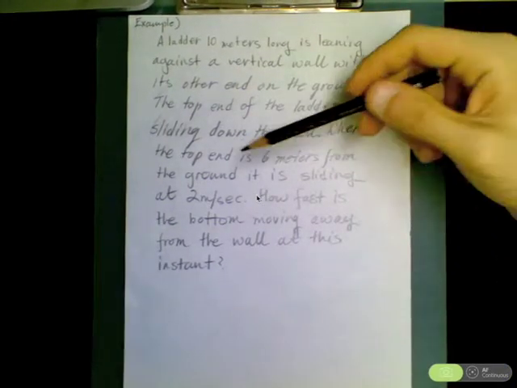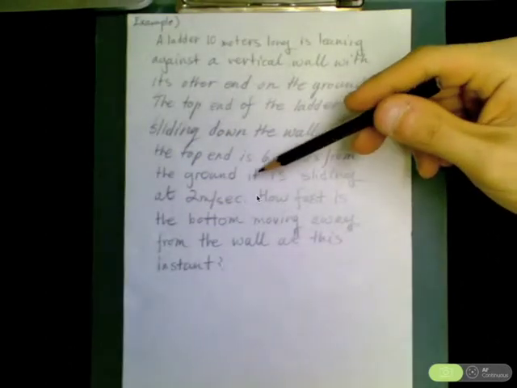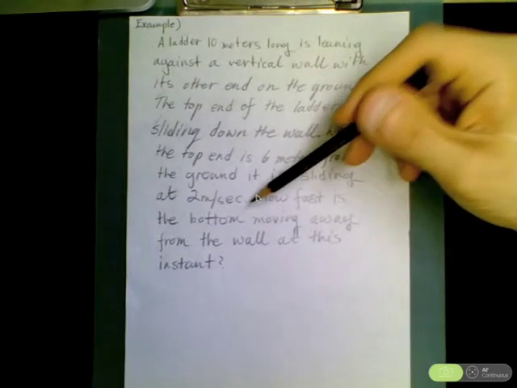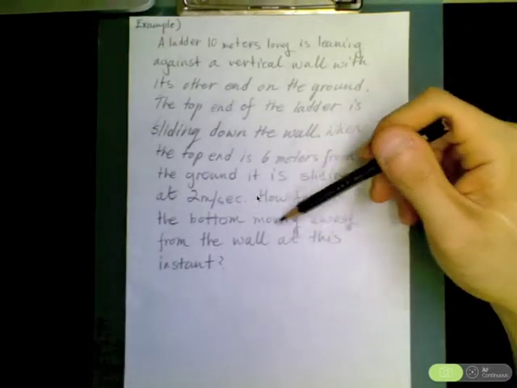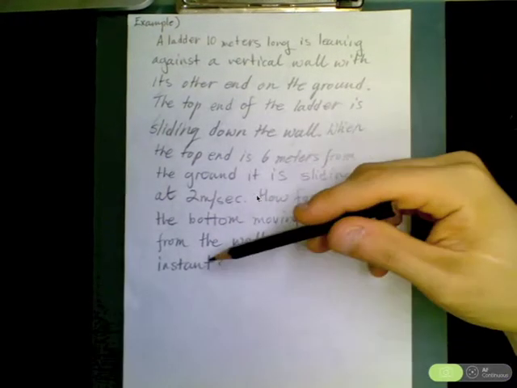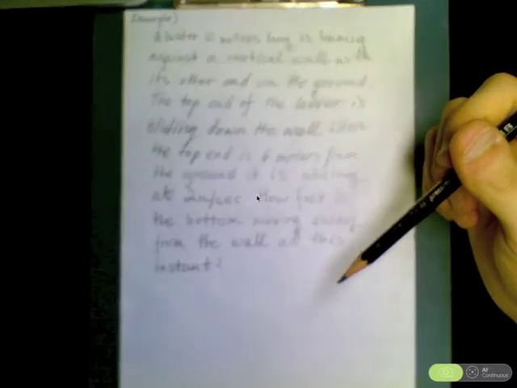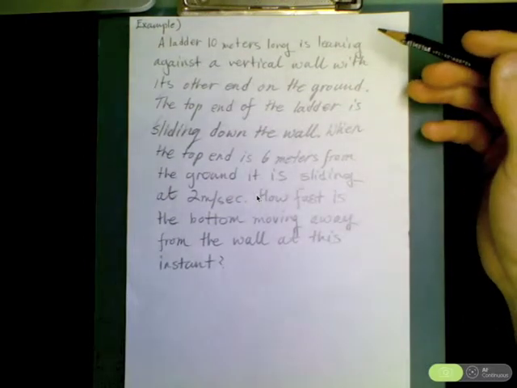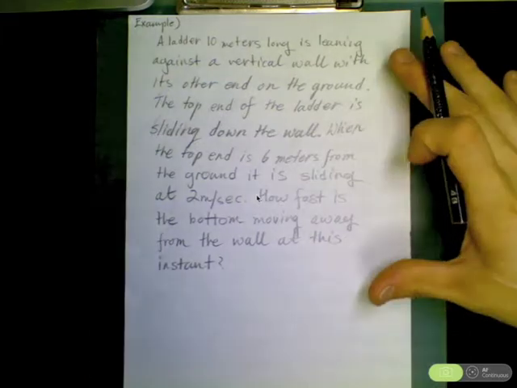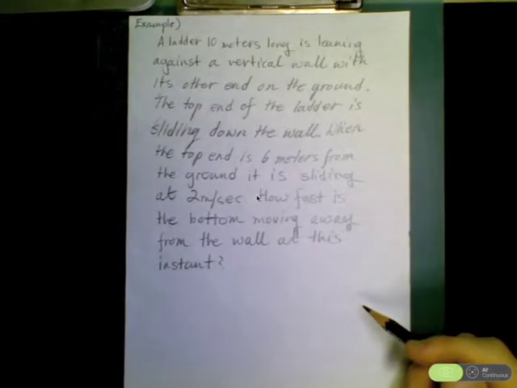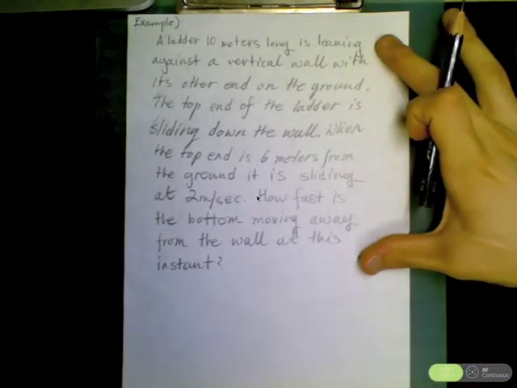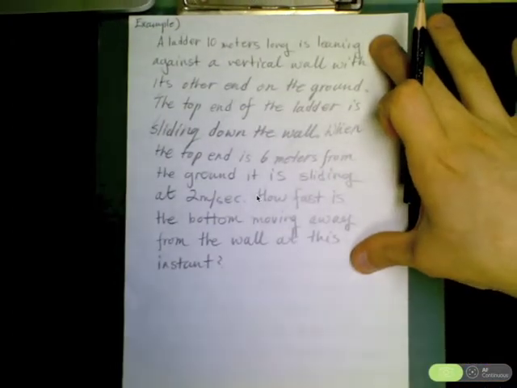When the top end is 6 meters from the ground, it is sliding at 2 meters per second. How fast is the bottom moving away from the wall at this instant? So here's a bunch of words, and you have to understand this to solve the related rates problem.